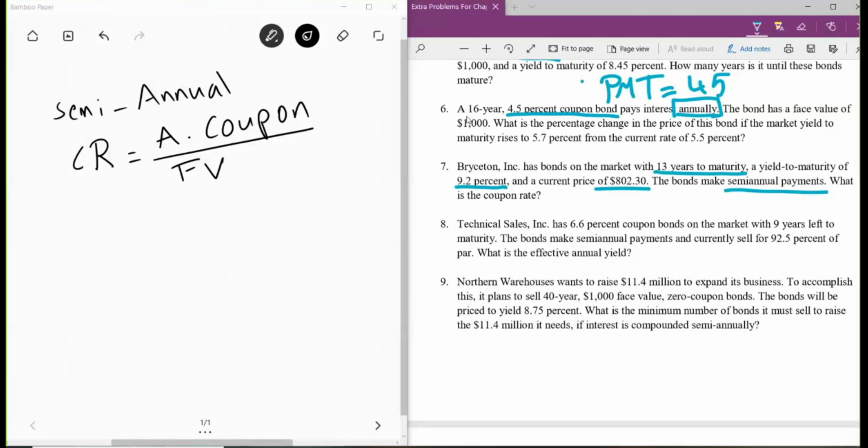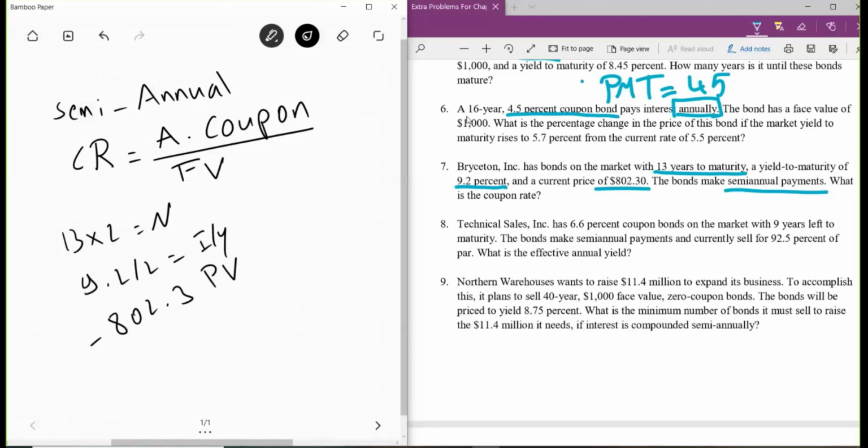I will use now my financial calculator to find the payment. So I start with 13 times 2, 26 is N. 9.2 divided by 2, this is IY. The current price minus 802.3, this is PV.